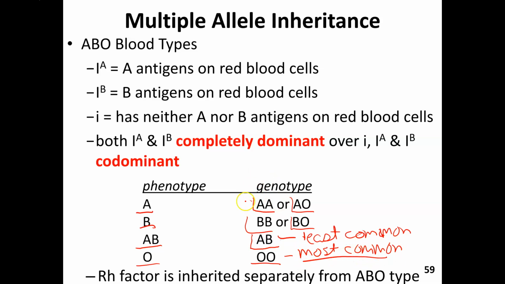If you are type A or type B, you're in the middle, and I believe A is more common than B. And then we talk about RH factor, but RH factor shows complete dominance, first off, and it is inherited completely separate from your A, B, and O blood. Okay.